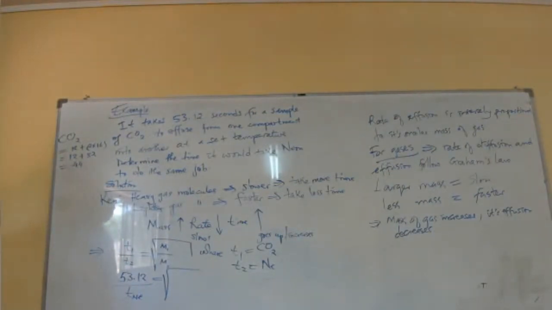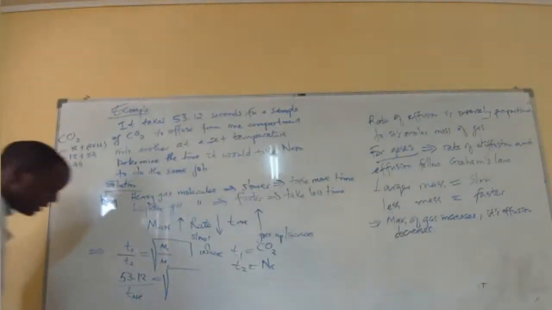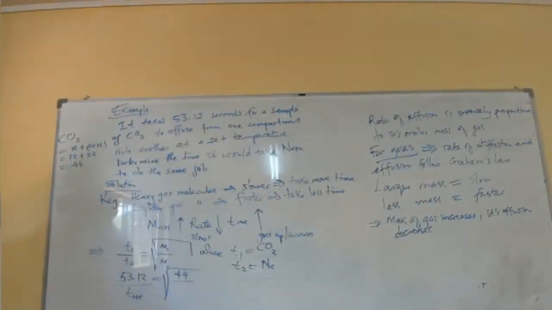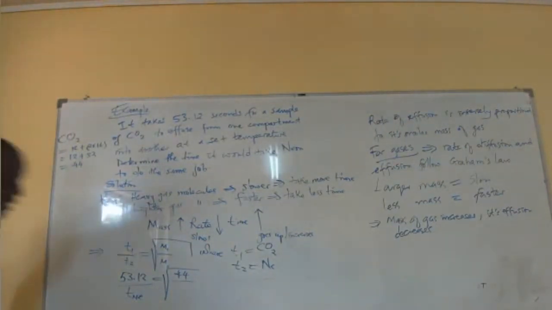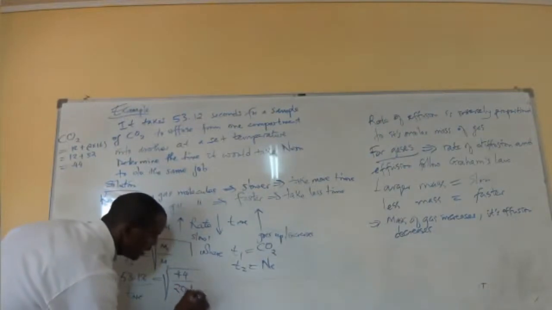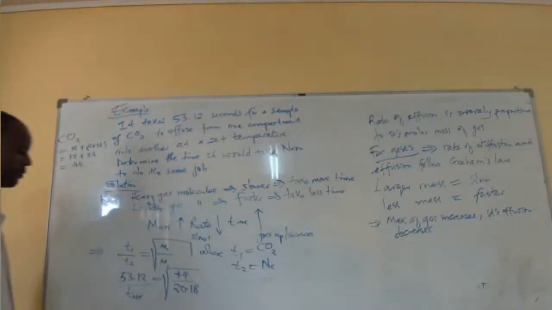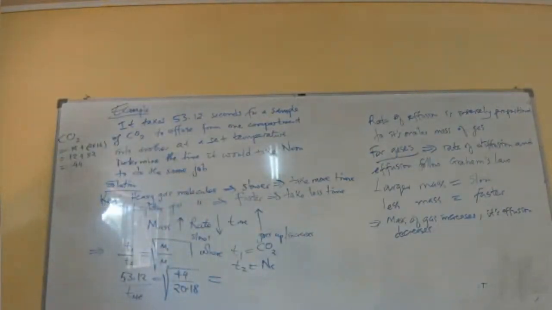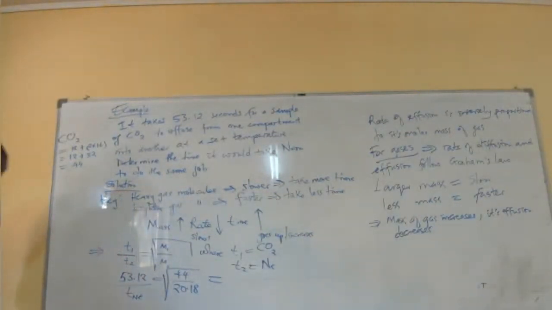That is the mass of carbon dioxide, so we can place it in the equation. 44 divided by the molar mass of neon, which is 20.18. You can check that on the periodic table. So what you're going to have therefore is the square root of 2.18.